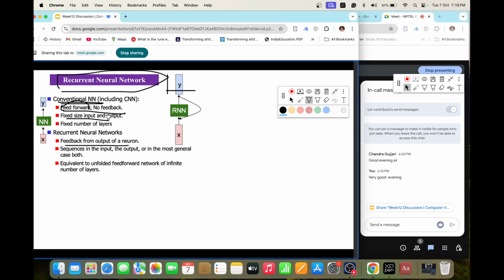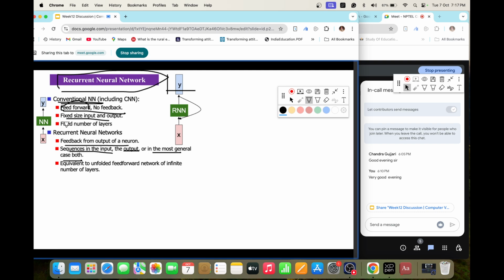As the input size is not fixed, you have to move from your NN to this recurrent neural network. So sequences in input, the output, or in the most general case both. RNN can take the sequence, not only a single input. So that is why RNN is used in video processing or speech recognition, because there the input is not fixed.